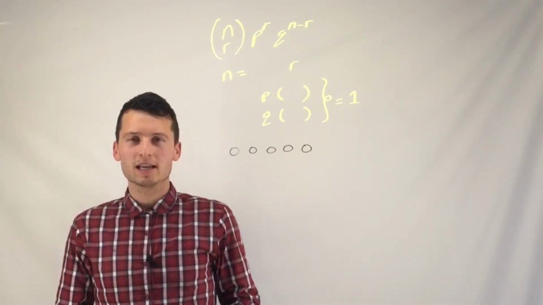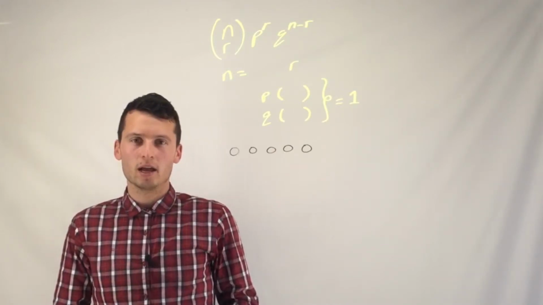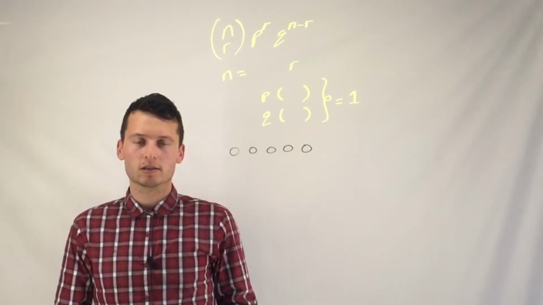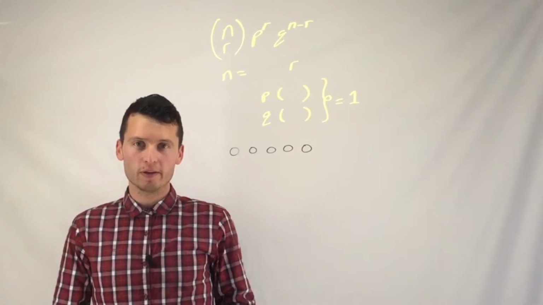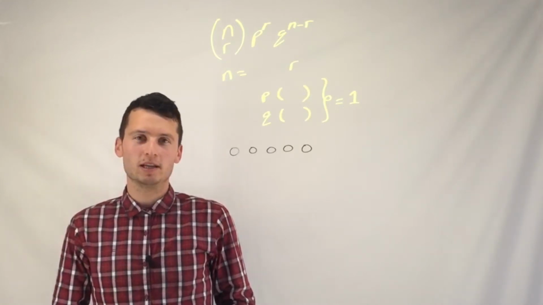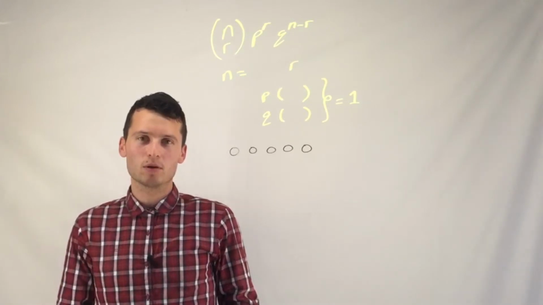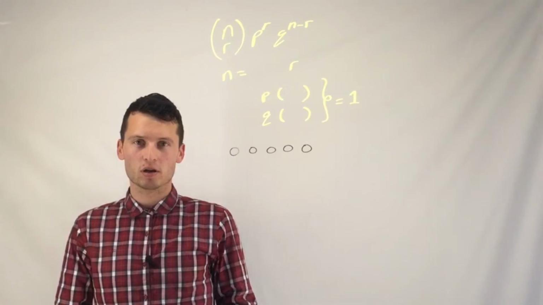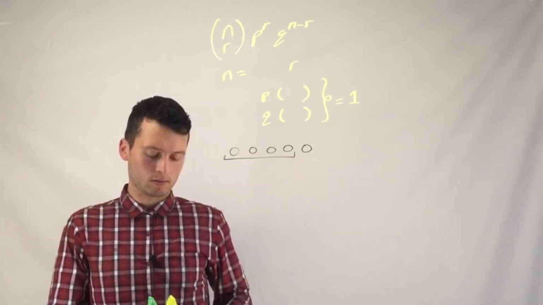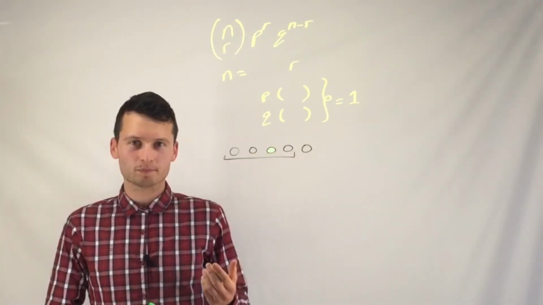So that essentially means that in the first 4 shots, she scored once, and in the last, or the 5th shot, she also scored. So that essentially means that the basketball player scored 1 shot out of her first 4 shots. So here you see it.